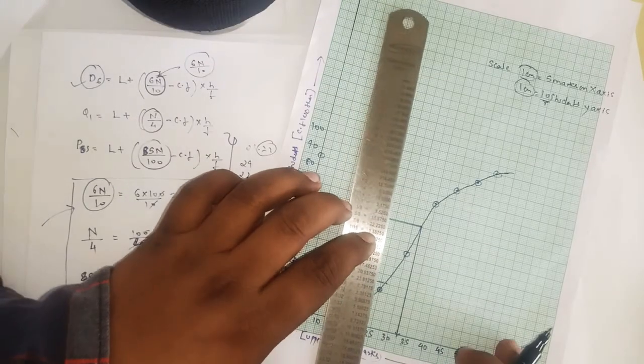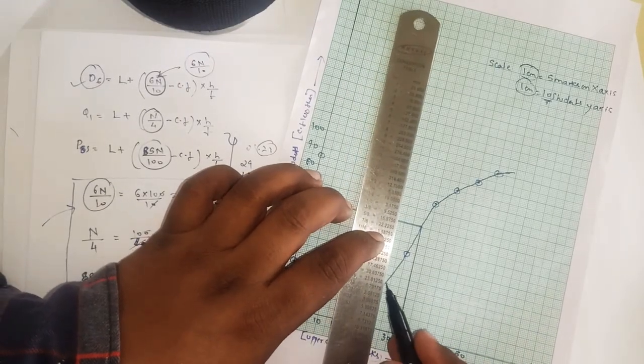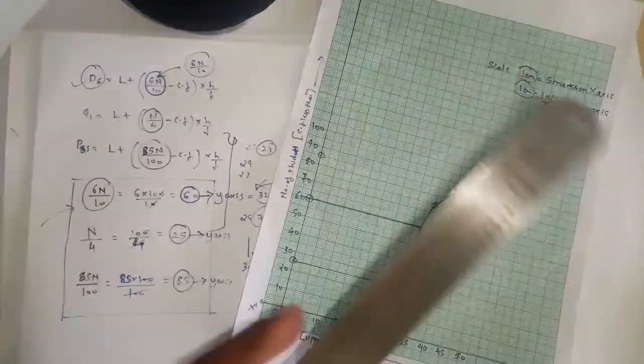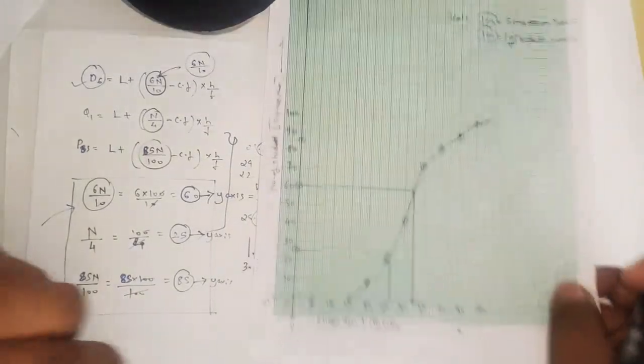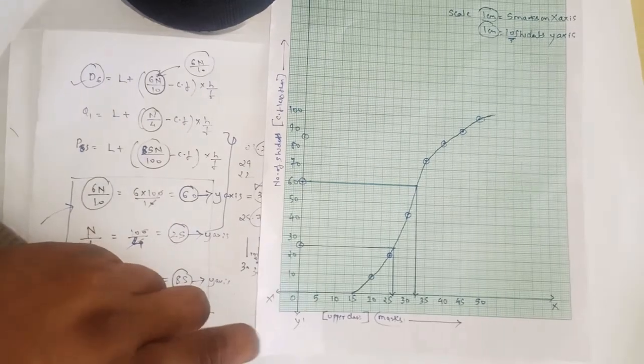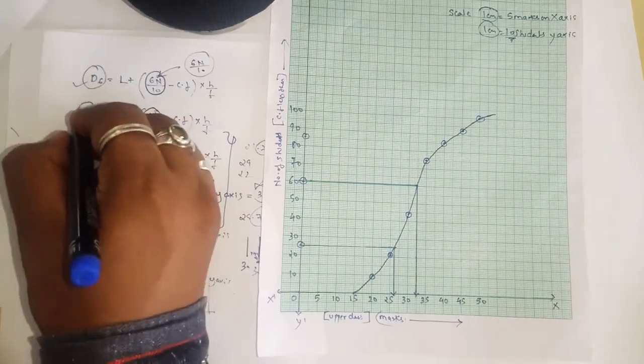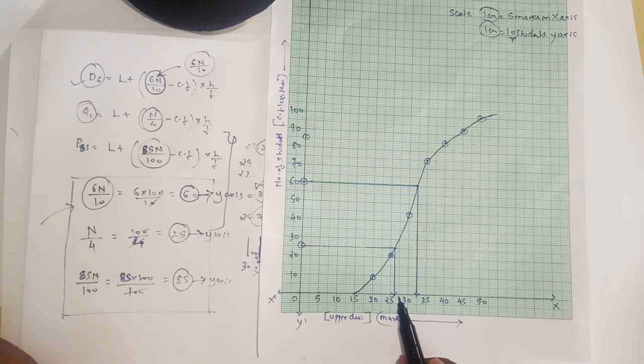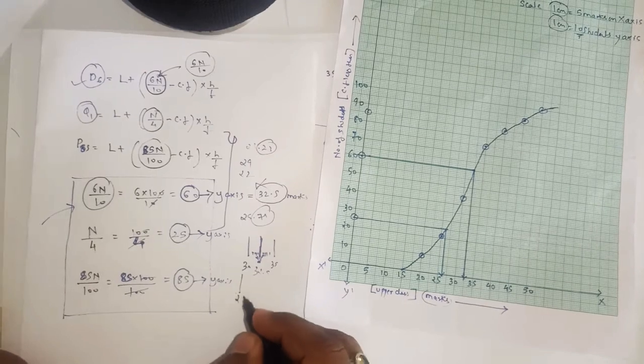Then from here you will draw one more line, and here you will get the answer for Q1. Here it is 25, and here it is 30, so between these two numbers you have to find the answer approximately.